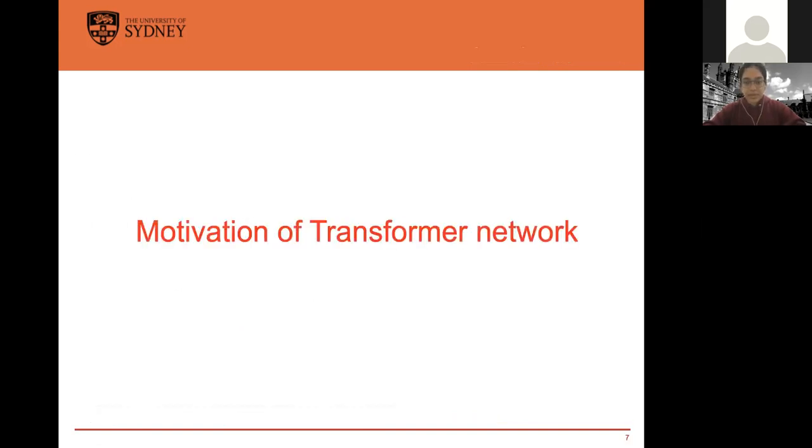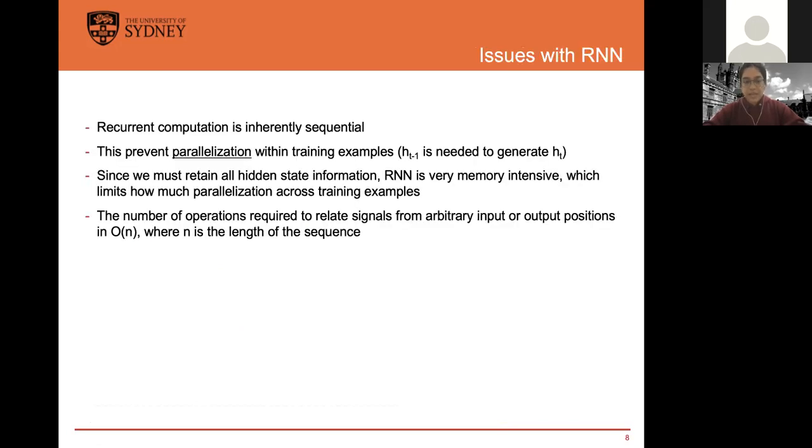Let's go deep into the transformer network. What is the motivation of this network? As I was saying, the recurrent neural network is inherently sequential.